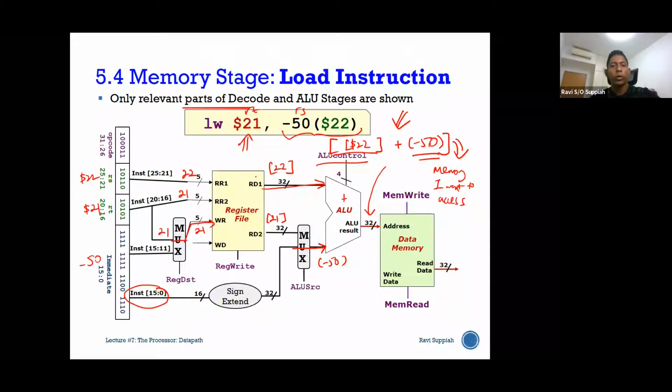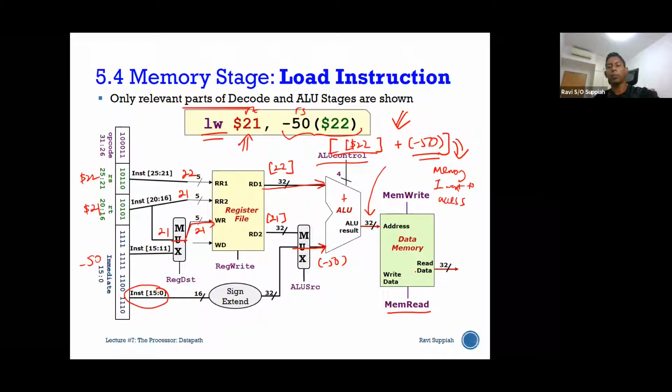This is a load word instruction, so your mem read will be activated. Mem read, mem write, these are also control signals, which will decide the behavior of all these subsystems. So in this case, since it's a load word, I'm going to do a mem read.